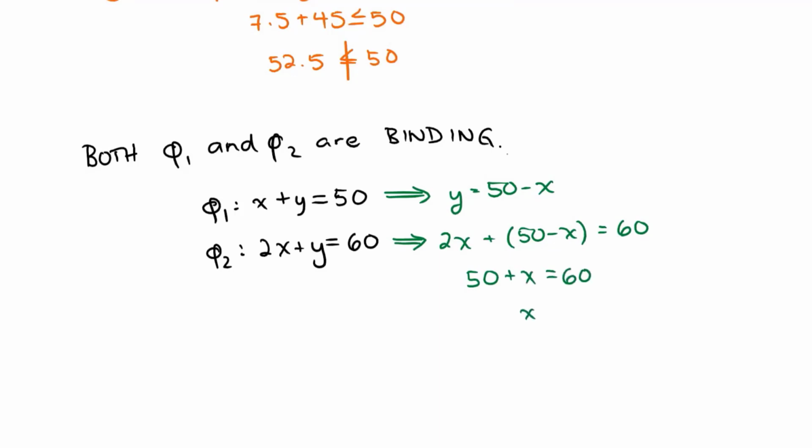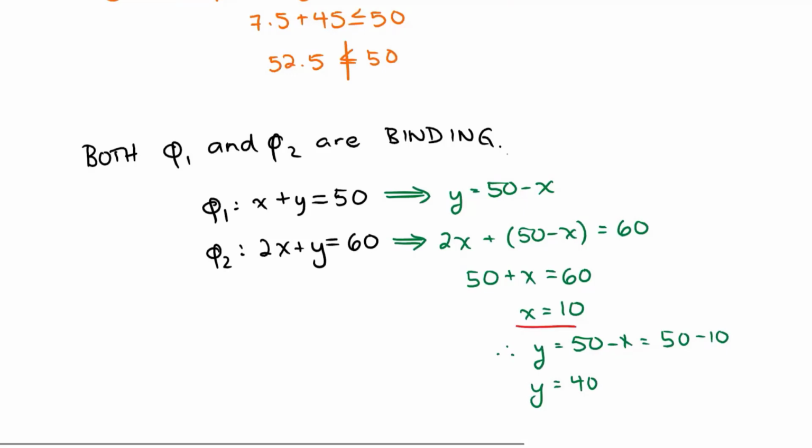I get x is equal to 10. The corresponding y value will be y is equal to 50 minus x, which is 50 minus 10. Y will be equal to 40. So I have my optimal x value and I have my optimal y value. Questions?